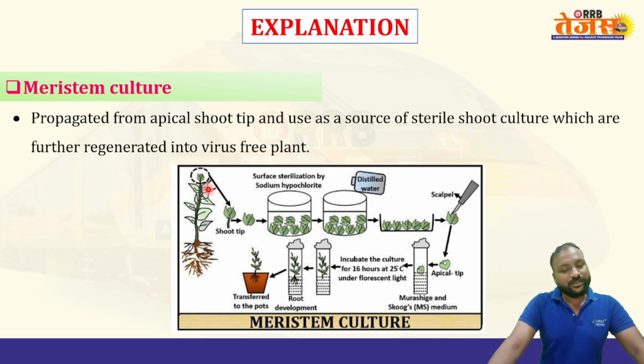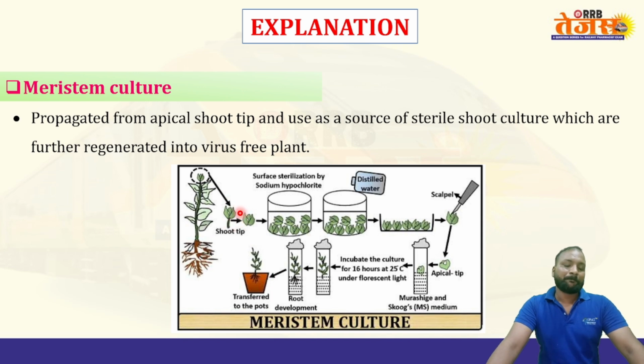From this, the shoot tip is sterilized, and the surface of the shoot tip is sterilized using sodium hypochlorite. The sterilized shoot tip is washed with distilled water, then taken out and left for a few minutes, and then take the scalpel, make the incisions and take the apical tip.